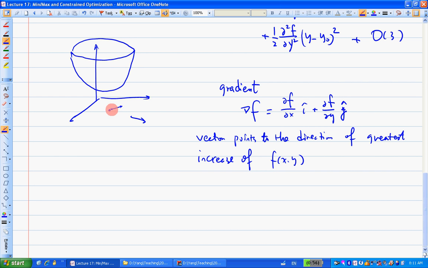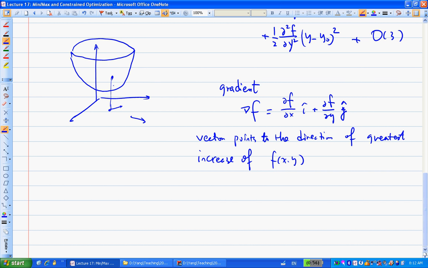It represents the greatest increase of the function f of x, y. So it tells you what direction you would walk such that you get the greatest increase of this function. That's basically the gradient function.